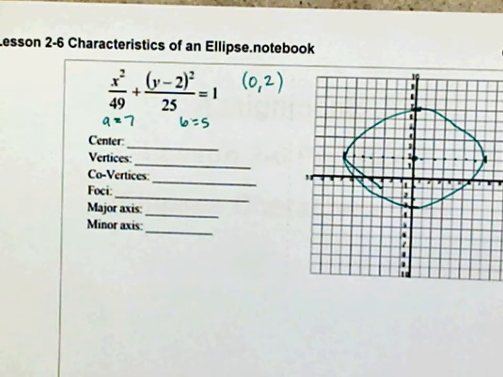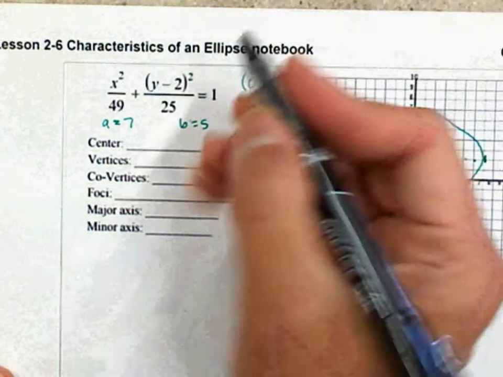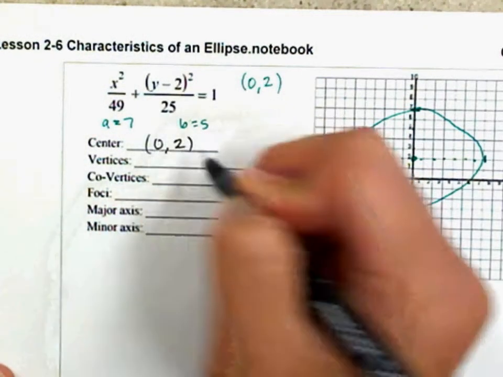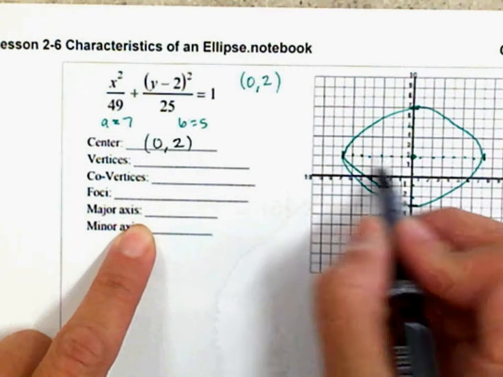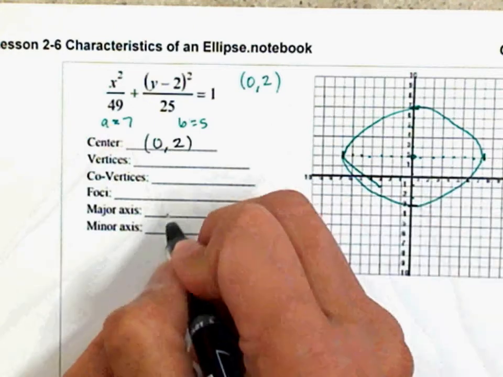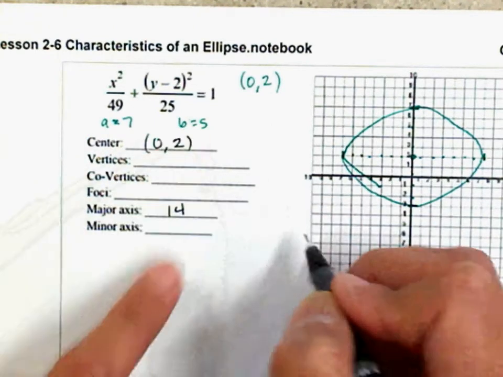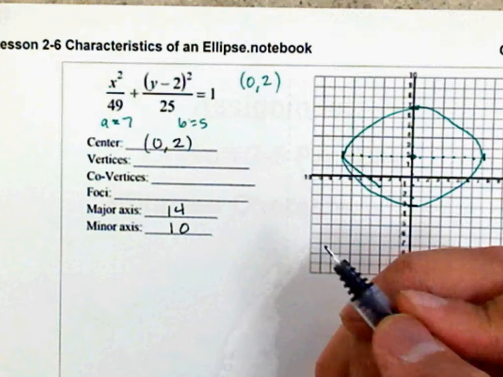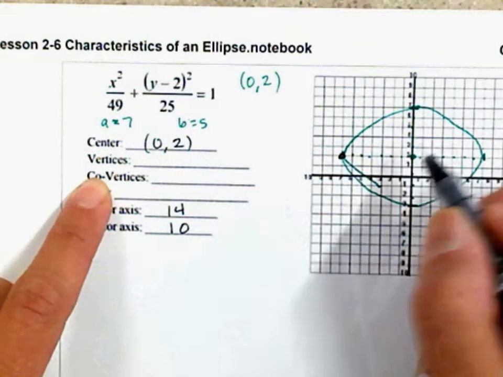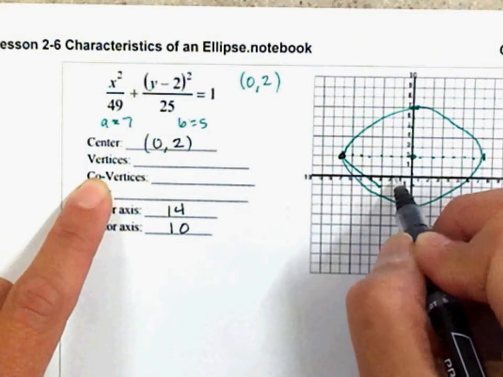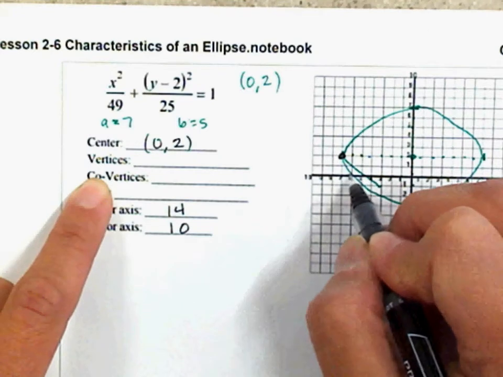So, your center is what? 0, 2. Major, long way, 7 plus 7 is 14. Minor, 5 plus 5 is 10. Your vertices, what is that point right there? Negative 7, and 2.